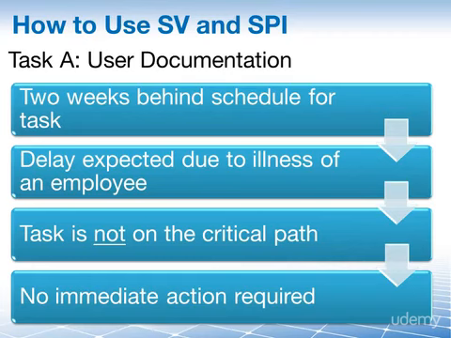Because this task here is not on the critical path, the project will not be late, even though the customer has agreed to accept late delivery of your user documentation. So even if your schedule variance and schedule performance index here say, whoa, you're way behind, there is no need for action because you and your customer have already agreed on what to do on this particular task.